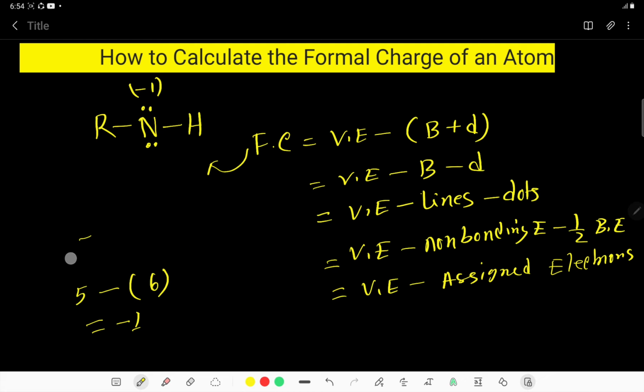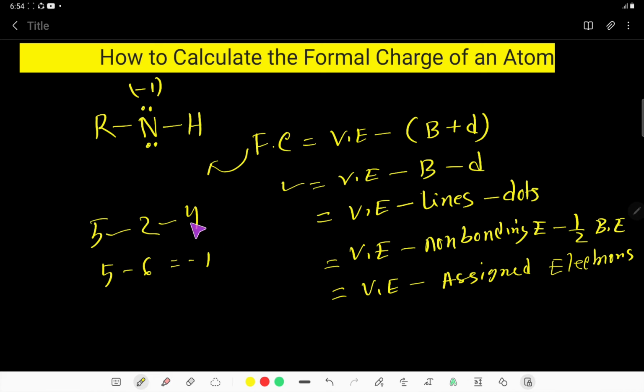Now let us use another formula for the same nitrogen atom. Valence electron 5 minus bonds, 2 bonds attached to nitrogen, minus dots 4: 5 minus 6 is minus 1.